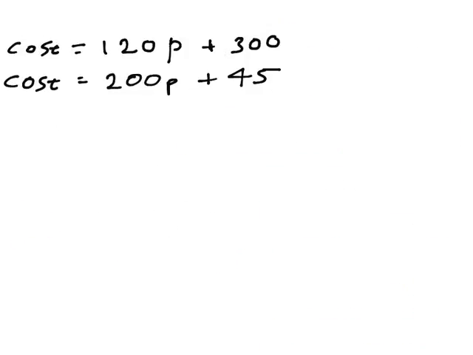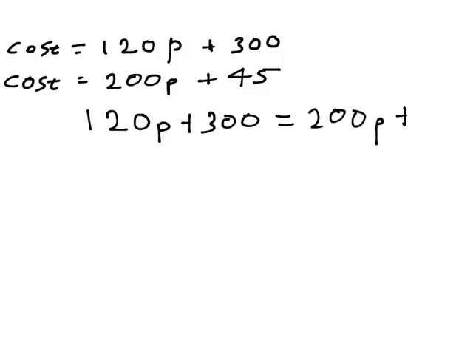Okay, we'll do one more with big numbers this time, but it's the same process. We just make this side equal to that side. 120p plus 300 equals 200p plus 45. I didn't like all those negatives I got last time, so I think I'm going to take this one over here.